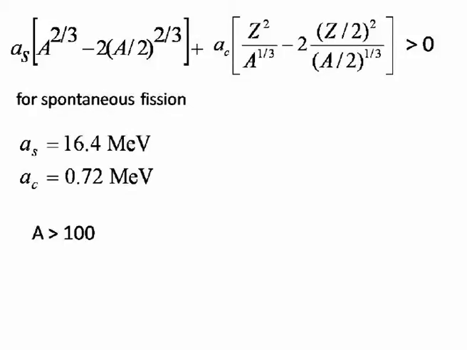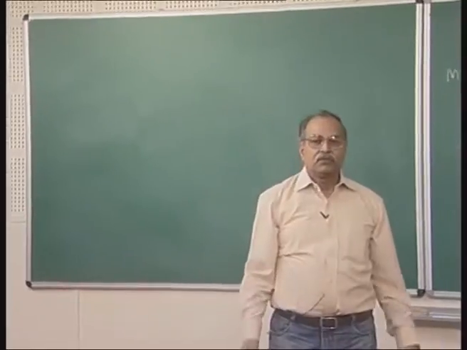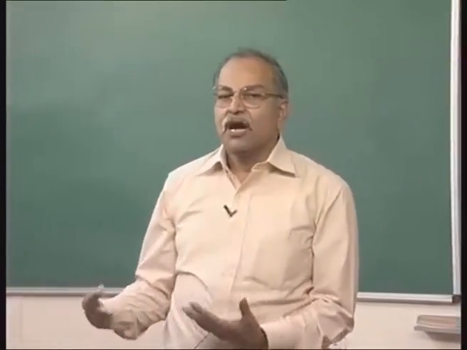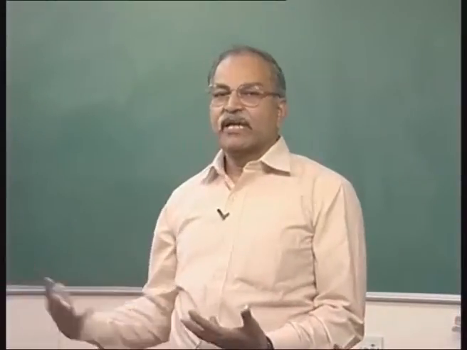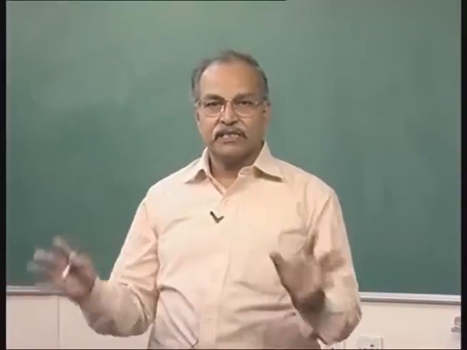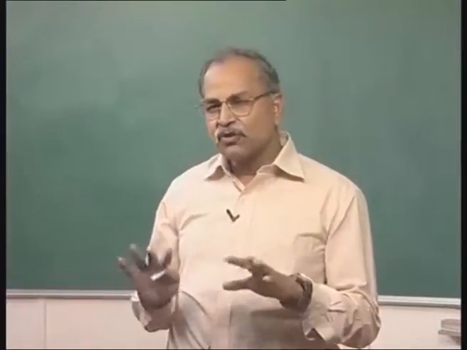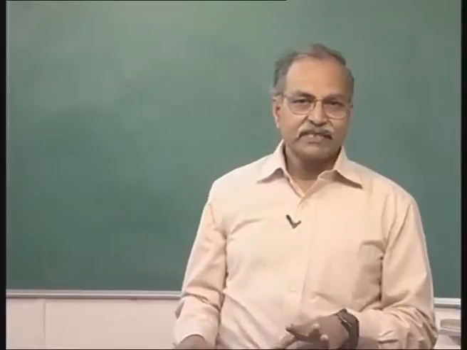And that, once again using the semi empirical mass formula, Bohr and Wheeler were able to tell why it is so. So, one has to understand the mechanism of this fission, how this fission proceeds, and Bohr and Wheeler gave this very good theory, which explains almost all features, but fails at certain places.